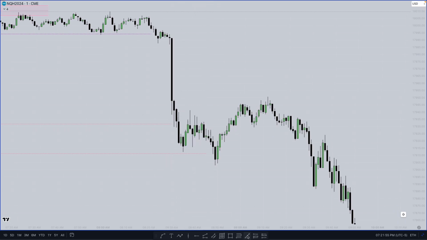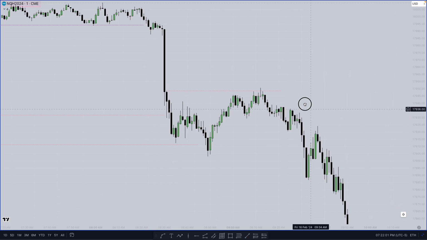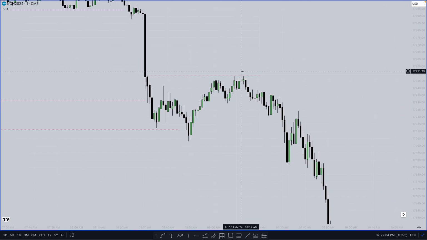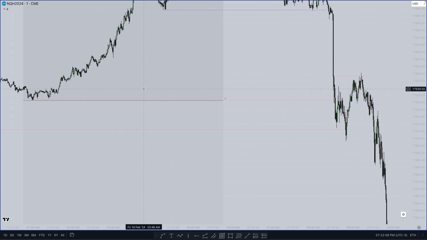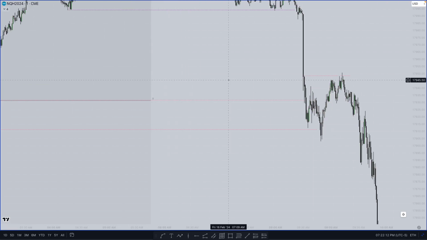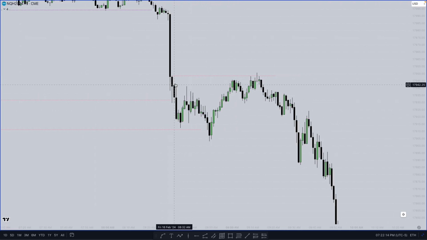So you have this little IOFED right here. That's ICT nutting his pants right there. Let's see here, so you get the structural break. So you could use any of these zones. Any of these zones would be valid.